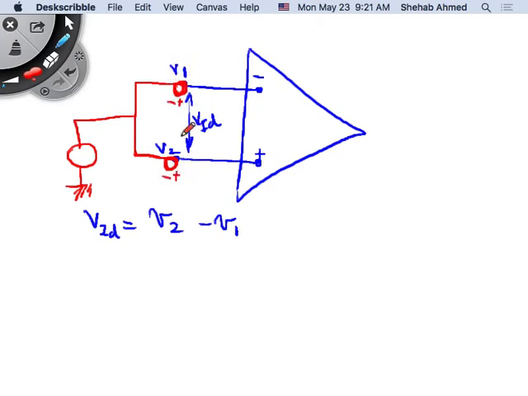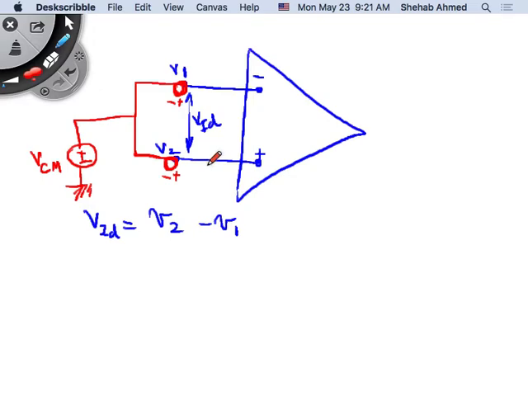So the voltage at this terminal is really this common mode voltage plus V1, and the input at this node is the common mode voltage plus V2, right? That's what we did.